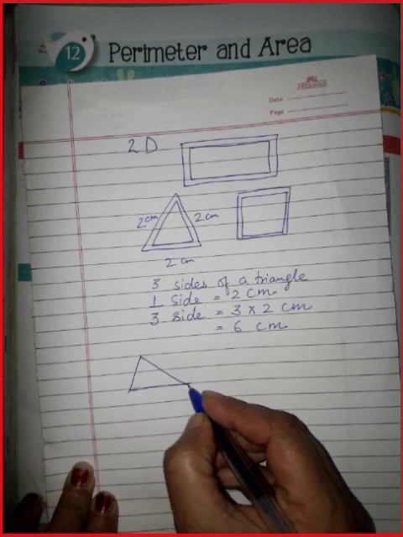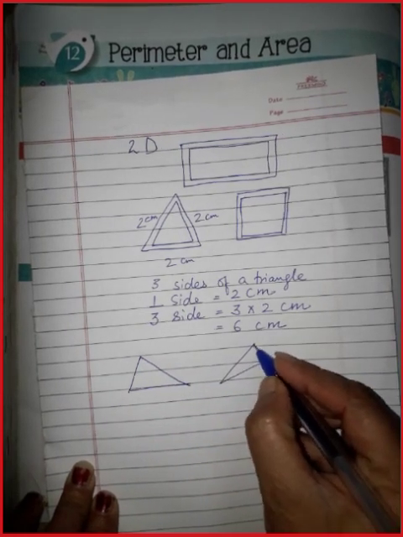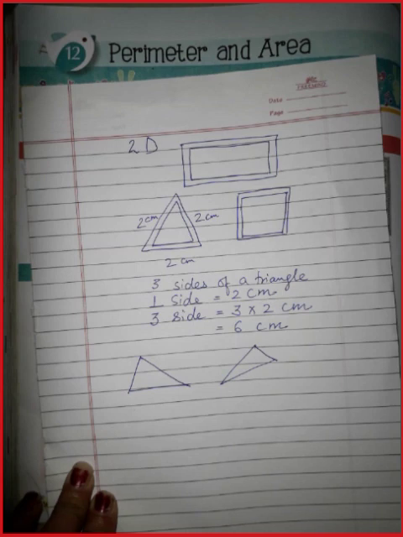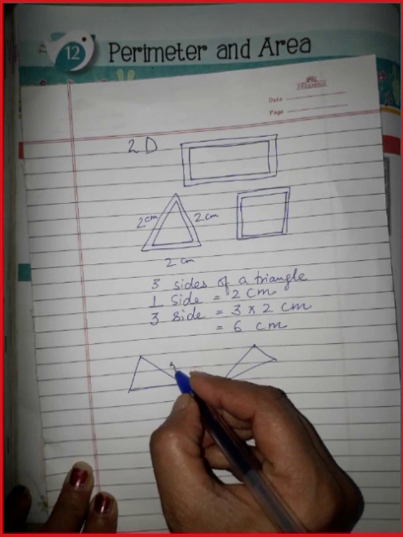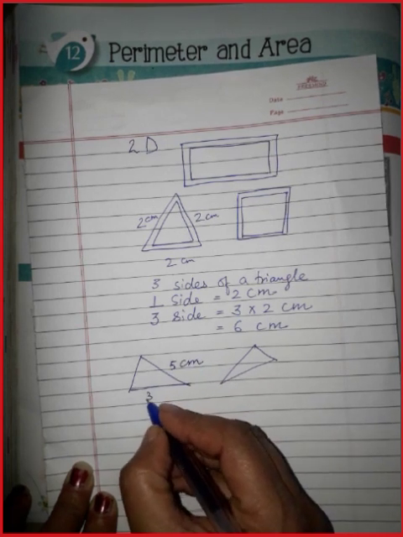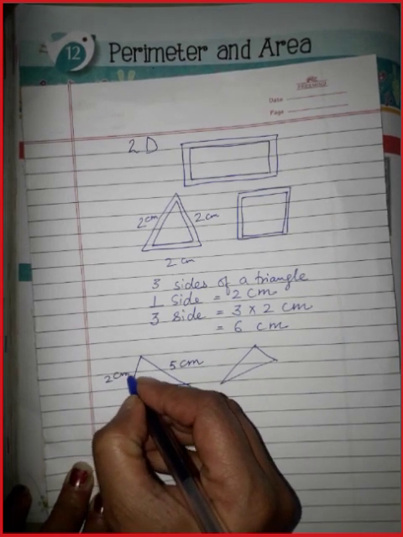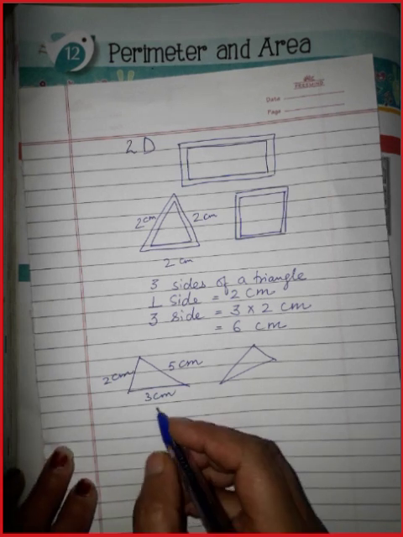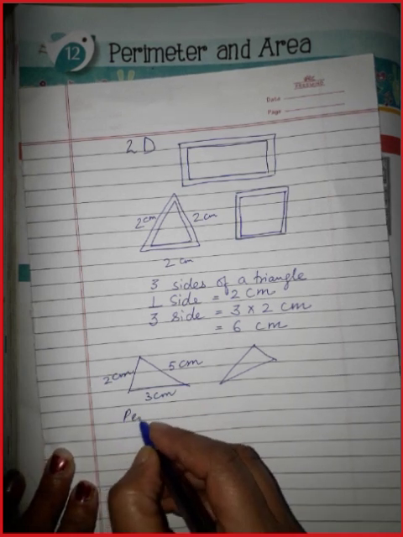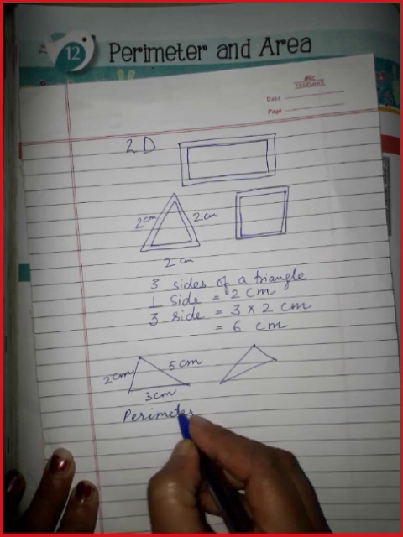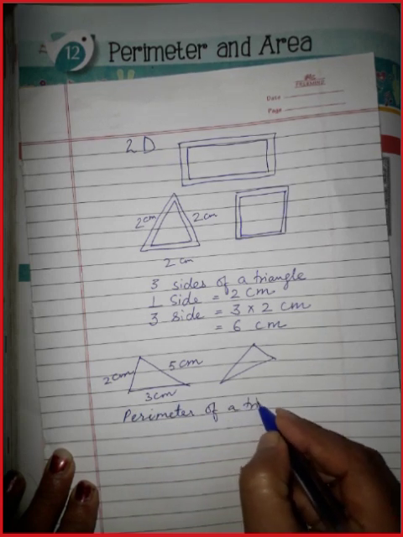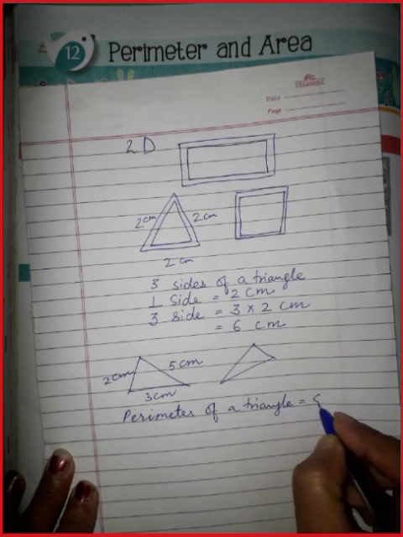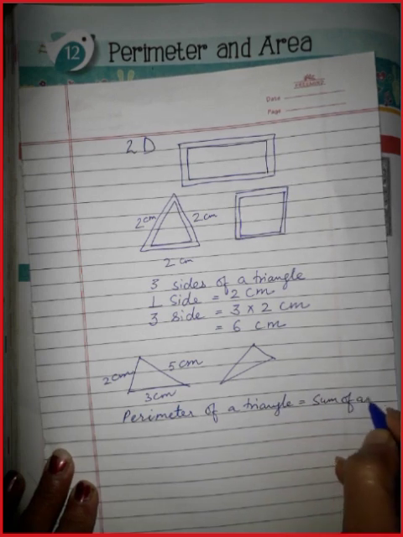But there are other types of triangles also, like this, like this. Any shape made of 3 lines, and then their measurement will be different also, like 5 centimeter, 3 centimeter, 2 centimeter. So how we shall find perimeter of these triangles? It's very simple, that perimeter of a triangle is equal to sum of all sides.